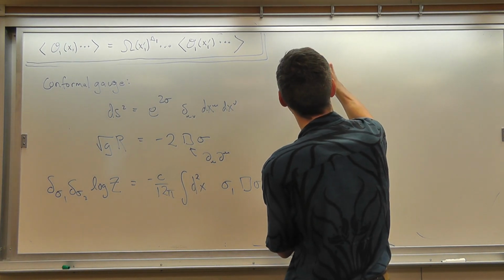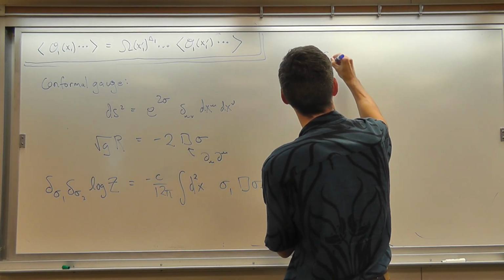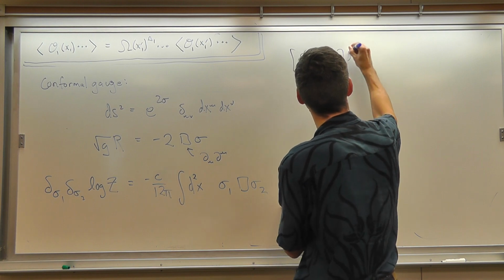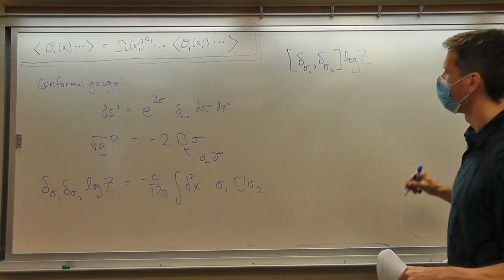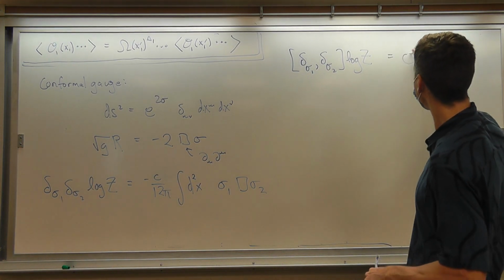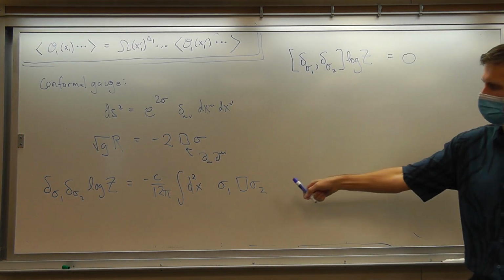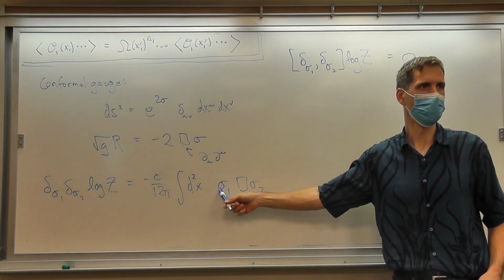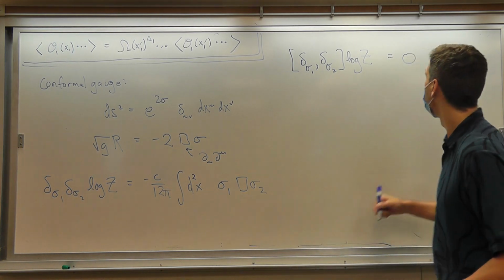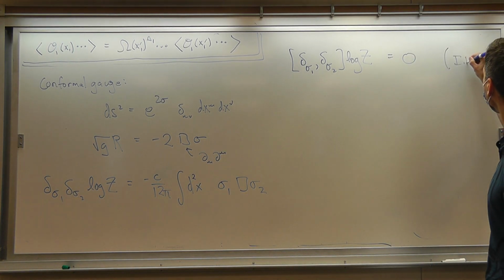Now for the tricky step, we're going to look at a commutator of 2 variations on log Z. And this is 0 because we can just integrate by parts on the 2 terms. So this is 0 by integration by parts.